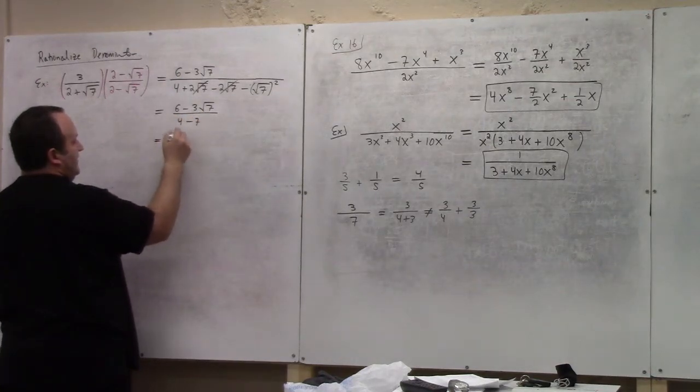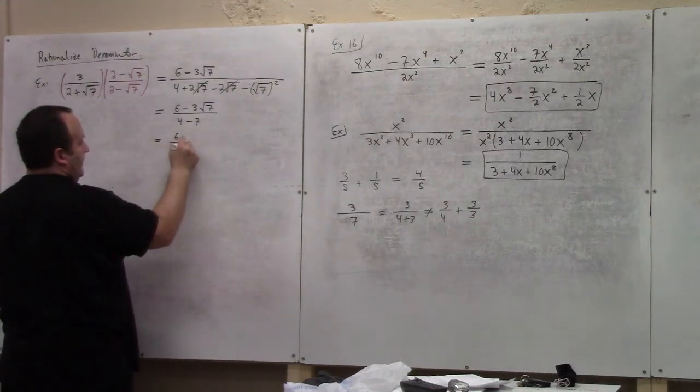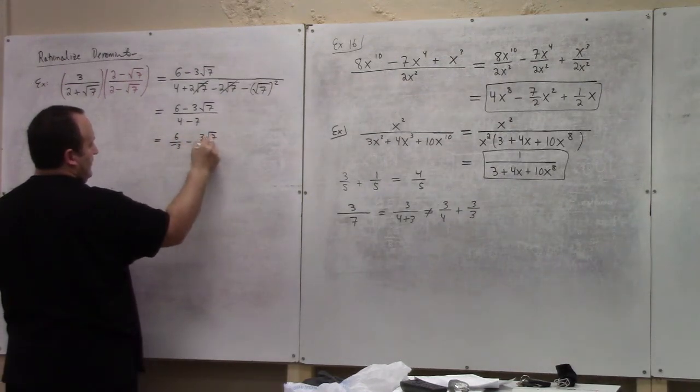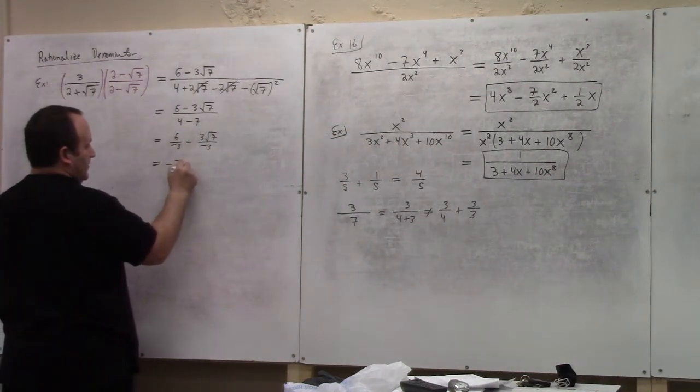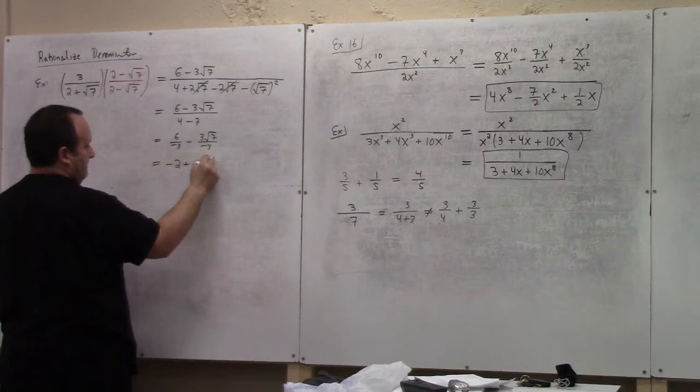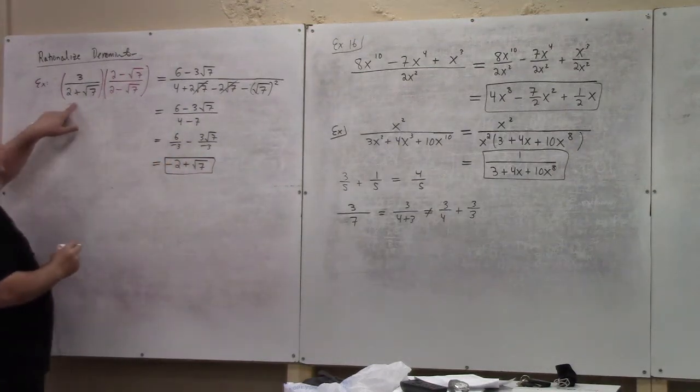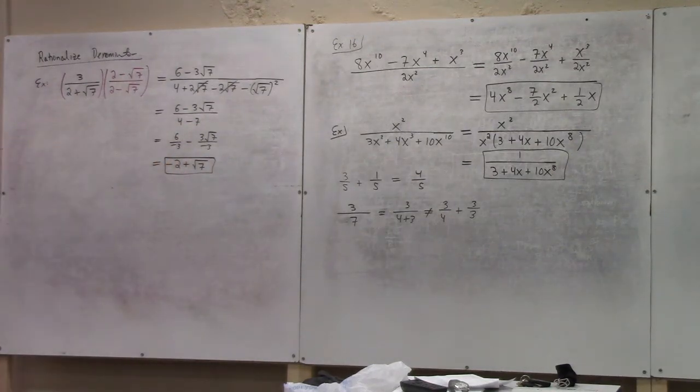In other words, that's 6 over minus 3, minus 3 root 7 over minus 3. So pretty nice. The answer is minus 2 plus the square root of 7. Does the original number look like minus 2 plus the square root of 7 to you? It doesn't look like that to me, but that's what it is. Funky.